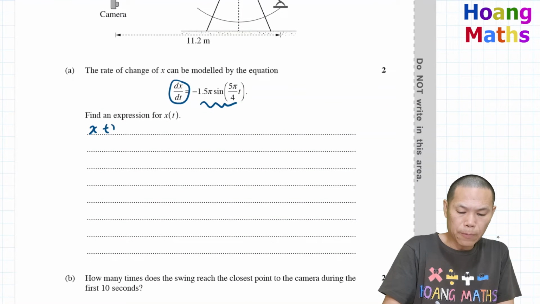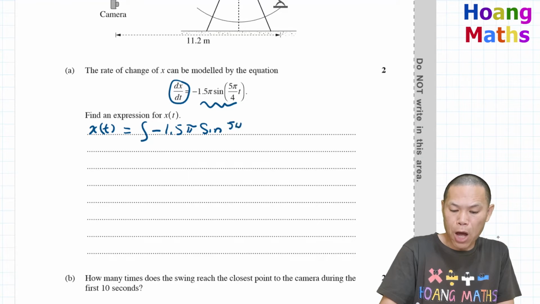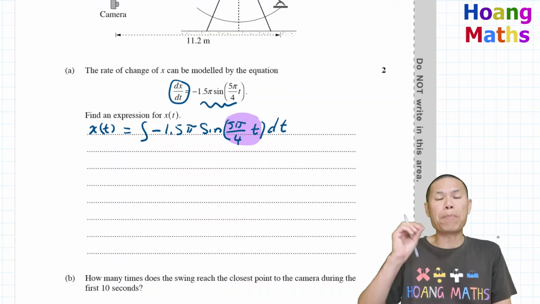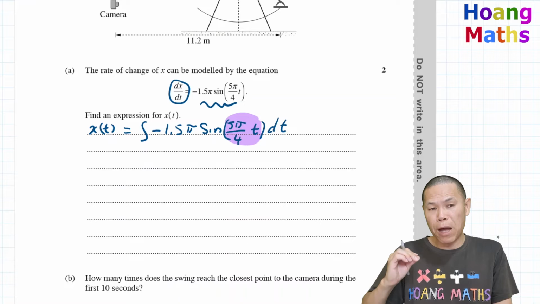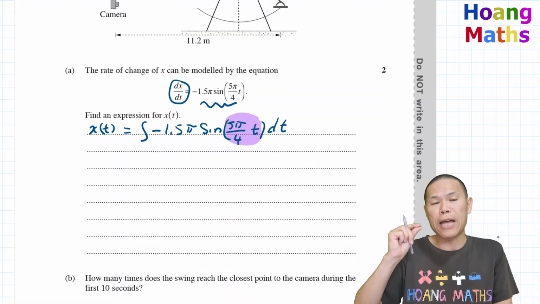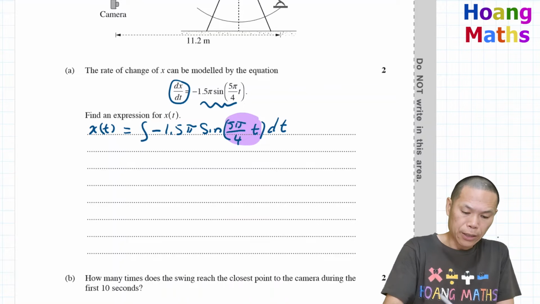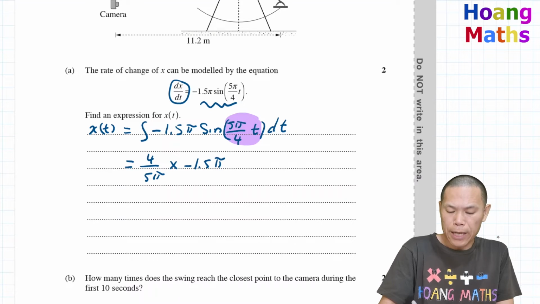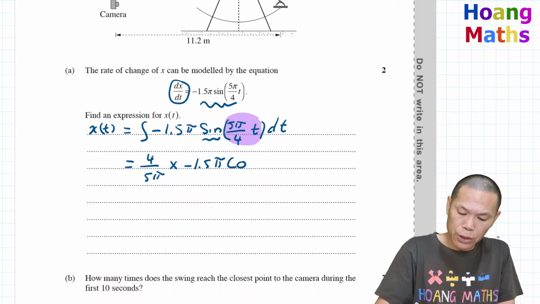So x of t is the integral of negative 1.5 pi sine of 5 pi over 4 t dt. To integrate this, we differentiate the angle, which gives 5 pi over 4. So instead of dividing by 5 pi over 4, I can flip that and it becomes times 4 over 5 pi. So 4 over 5 pi, we times negative 1.5 pi, and we integrate sine, which gives cos but negative, so I change that to positive.